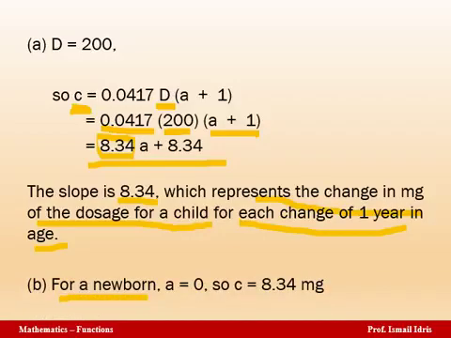For a newborn, as I said, A should be 0. So put A equals 0 in this equation, in this linear function. When you put A equals 0, you will get C equals 8.34 milligram. So this is supposed to be the dosage for a newborn.